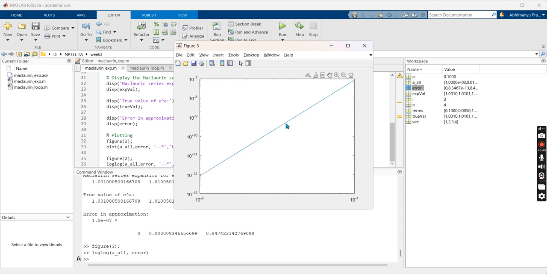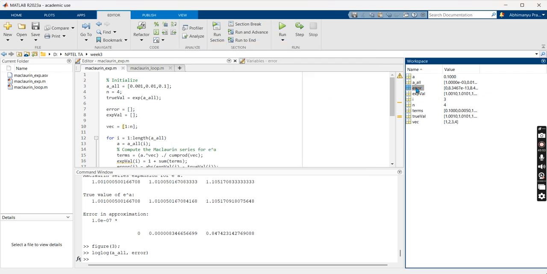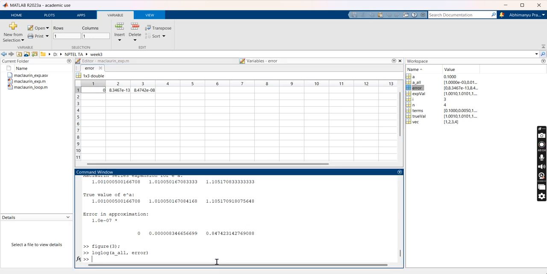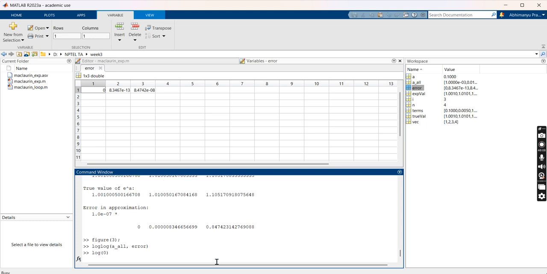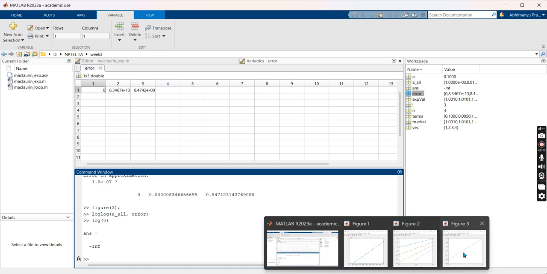X is 0.01, y this, x here is 0.1, so I am not getting the graph for 0.001. Why is that? Okay, my error is very less over there, so it shows me 0. So a log of 0 is not defined, so that is why. Yeah, so this is minus infinity, that is why that is not being plotted over there.